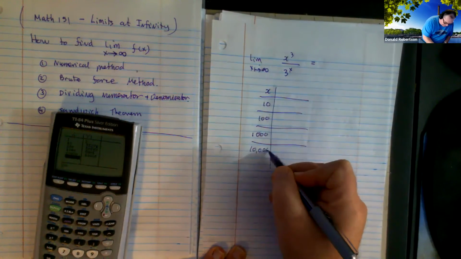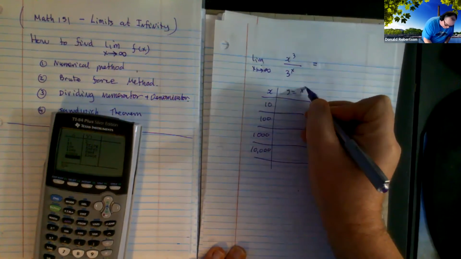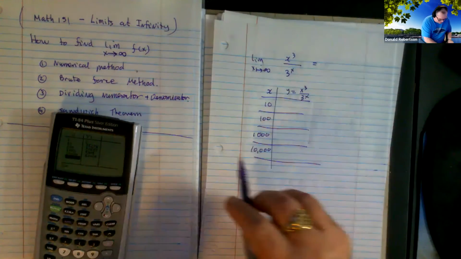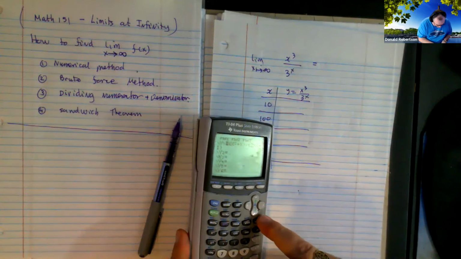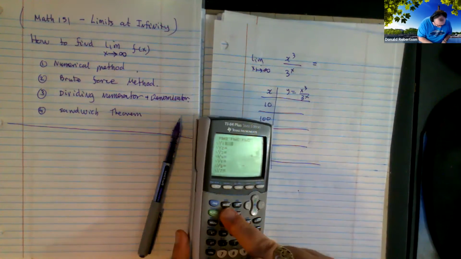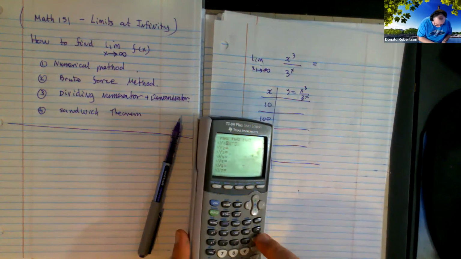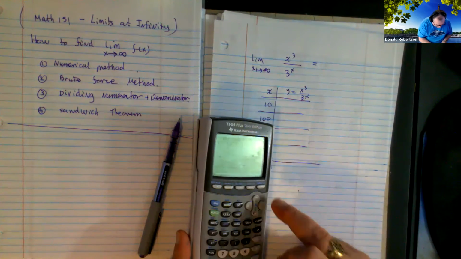You really stop when you think you're happy with your conclusion. So I'll go to my calculator again. I'll hit y equals, rub out the other one by hitting clear, put in x cubed, that's x to the power of 3, divide it by 3 to the power of x, and then I'll go to second table.